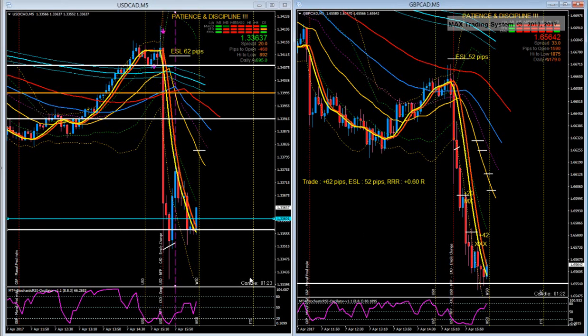Robot trading. There are pros and cons with robot trading. A fully automated system in Forex, it's difficult to have a profitable robot. Very, very difficult, because trading is a complex task.